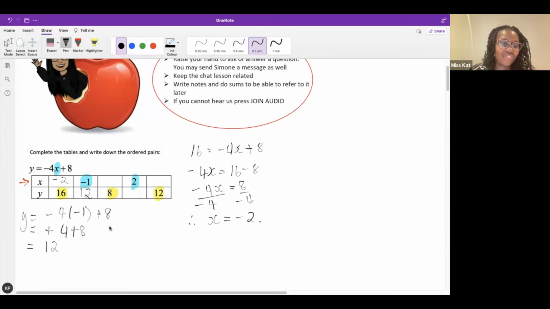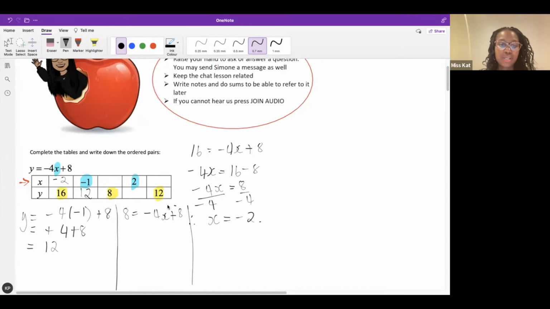Okay, let's do the 8. Do I substitute the 8 where I have an X or where I have a Y? Y. Wonderful. So then I'll have 8 equals -4X plus 8.